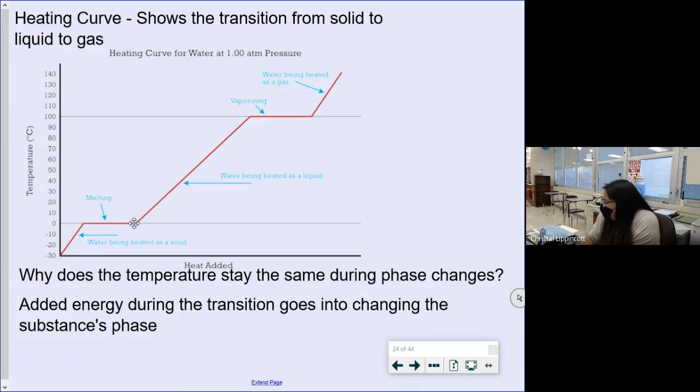During a phase change, the temperature stays the same. That is important. So you could easily identify where those phase changes are occurring because the temperature is not changing.